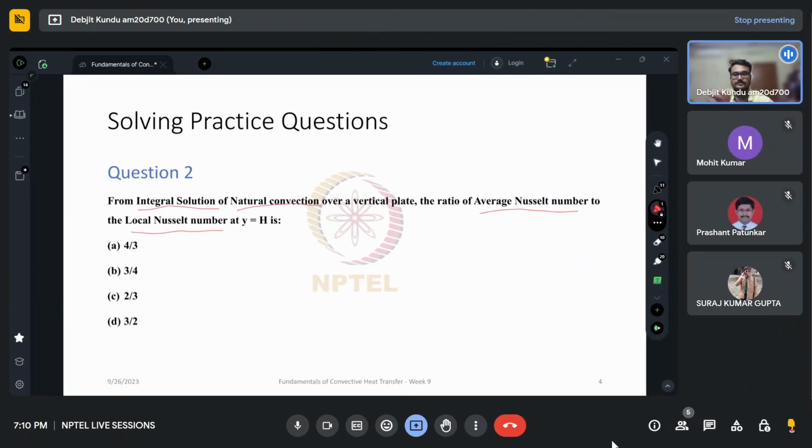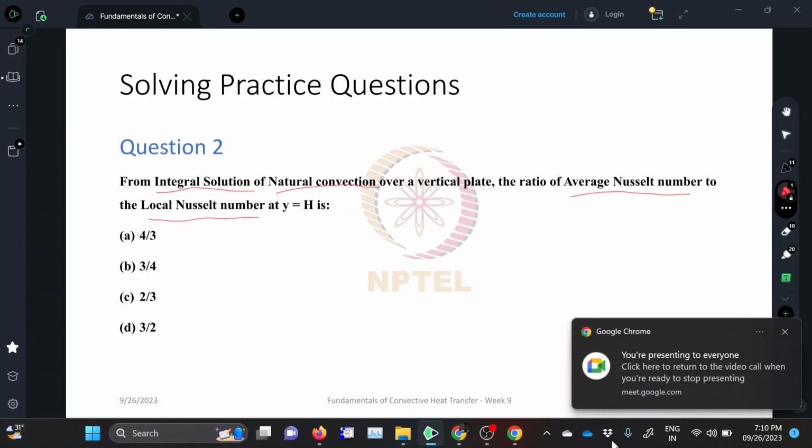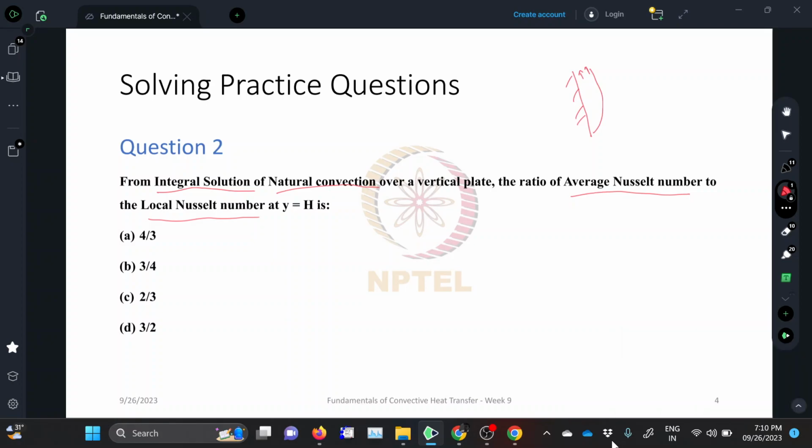So this is the question. There is a vertical plate like this, and there is a natural convection current being set up. This is y, this is x.